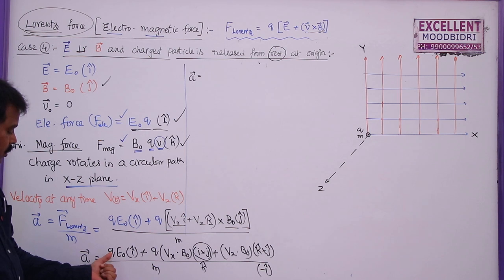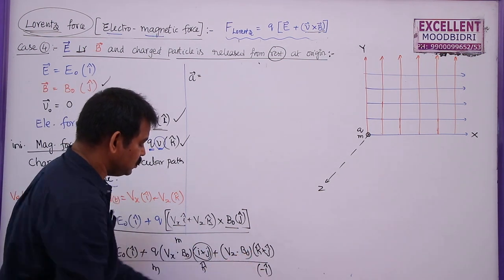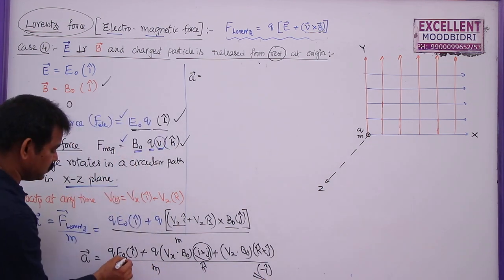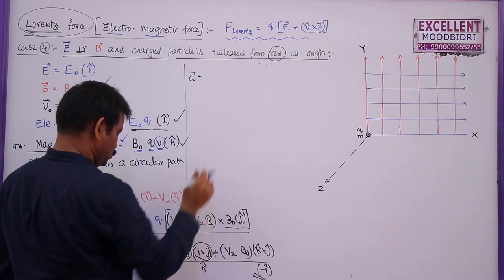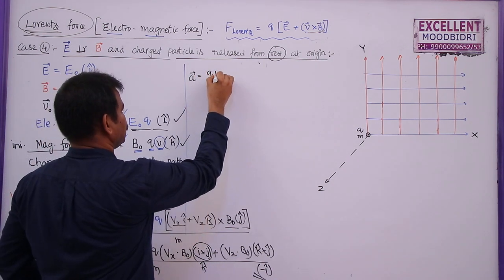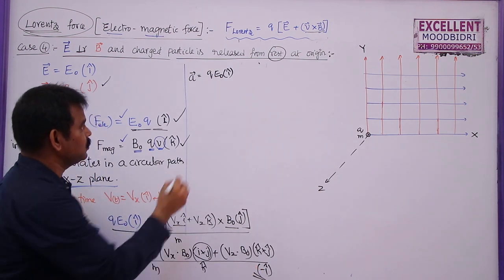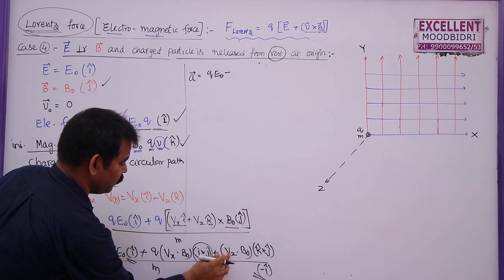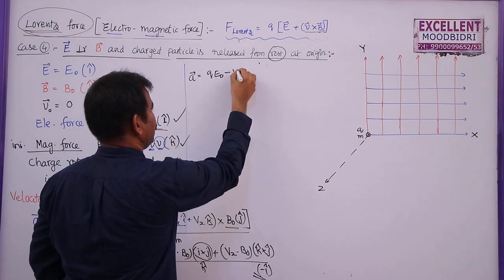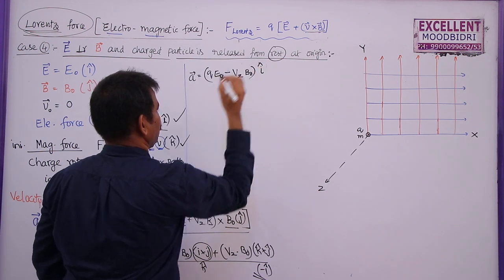So directly you can write Q E naught plus this one, because this is also acting along x-axis. So I can write a bar is equal to Q E naught along x-axis, minus Vz B naught along x-axis.